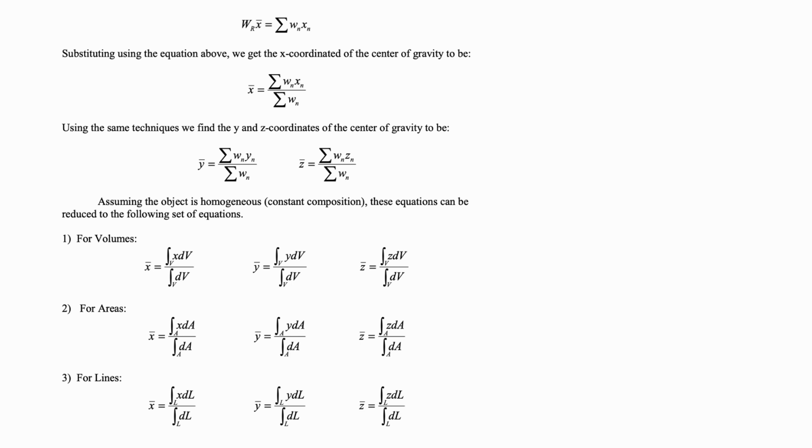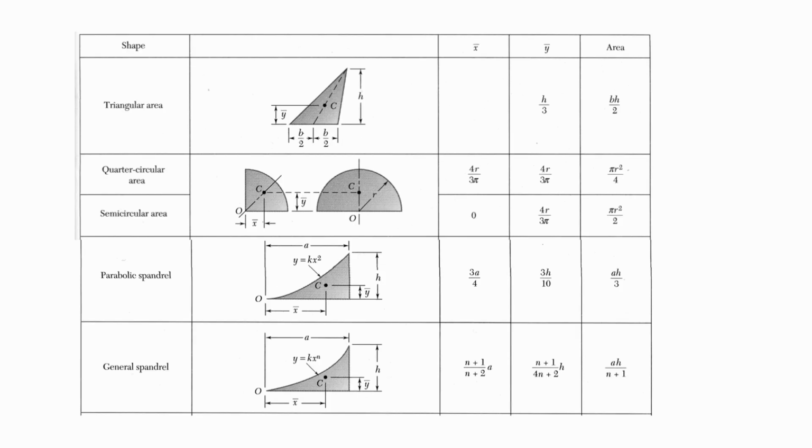For volumes, we have the integral of x dV divided by the integral of dV. For areas, we use the integral of x times dA over the integral of dA. And for lines, we have x equal to the integral of x times dL over the integral of dL.